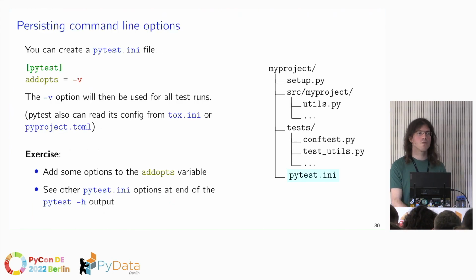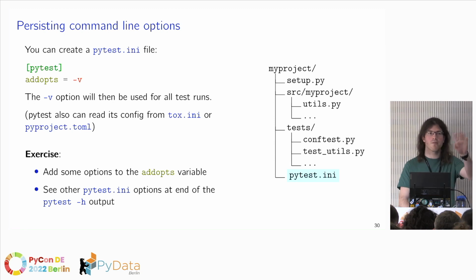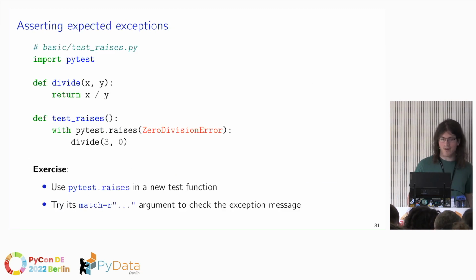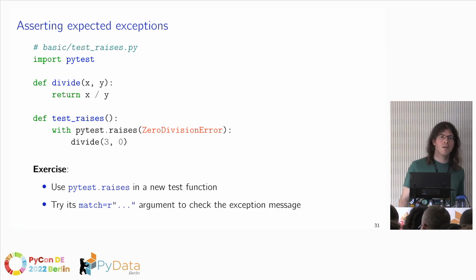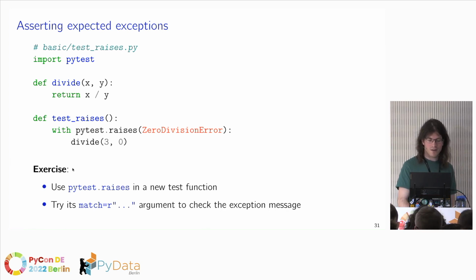Now back to a question from somewhere around here: if there is an equivalent of assertRaises. So yes, there is. So far we've not really used any PyTest API. We've only used its auto discovery and the assert keyword built into Python. But now we will need to start to import PyTest, so we can actually use the PyTest module.